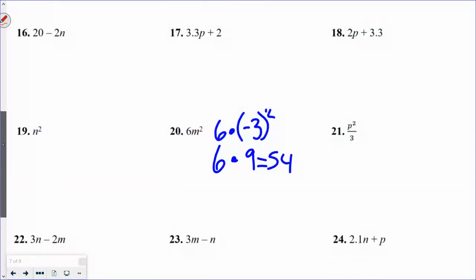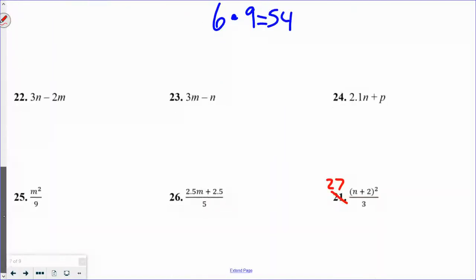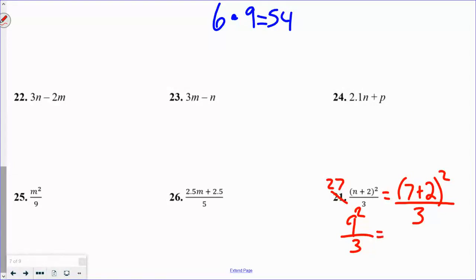So it's kind of like order of operations. Enough on my paper, n equals 7. So this means I need to take 7 plus 2, and whatever that sum is, I square it, then divide by 3. Okay, so then that means I'm really taking 9 squared and dividing it by 3, which then is 81 divided by 3.